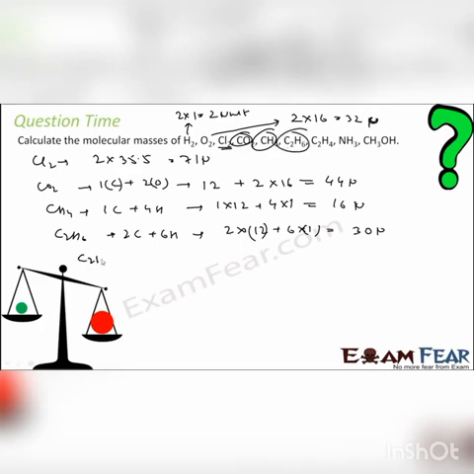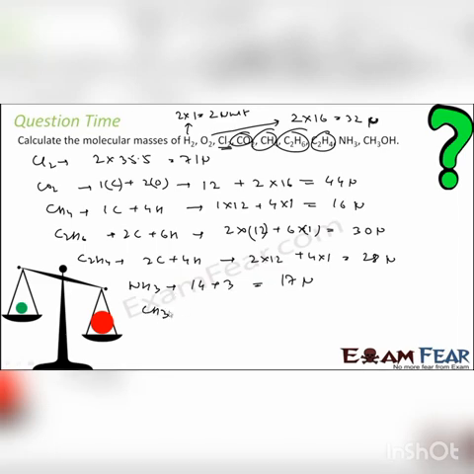C2H4, 2 carbon plus 4 hydrogen. Solve this. 2 into 12 plus 4 into 1, 28 unit. NH3, nitrogen is 14, hydrogen 3, 14 plus 3 is 17 unit.